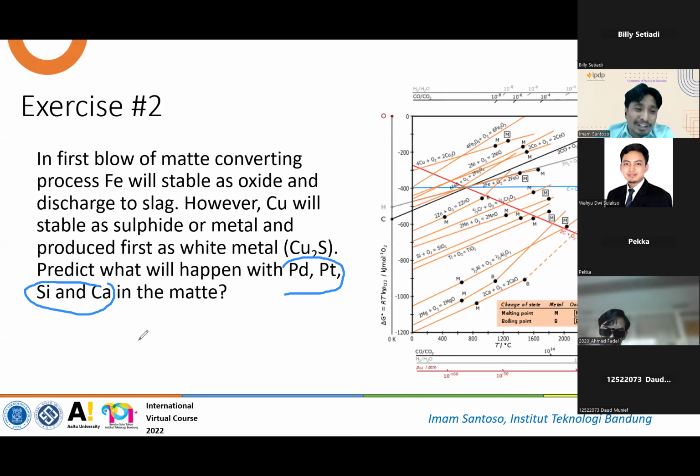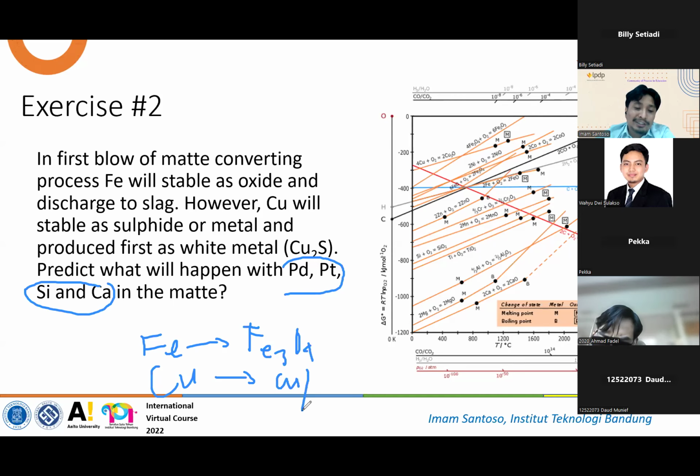At this condition, iron becomes iron oxide, and copper is Cu or Cu2S, I mean still a metal.